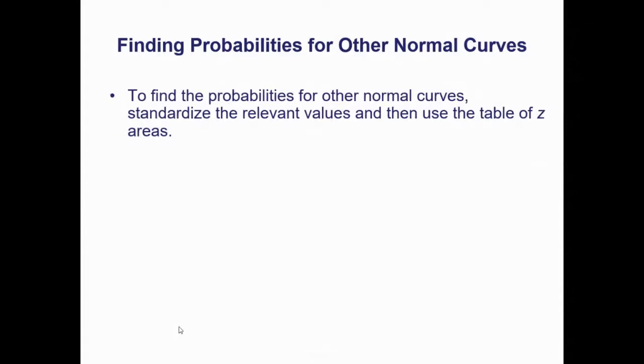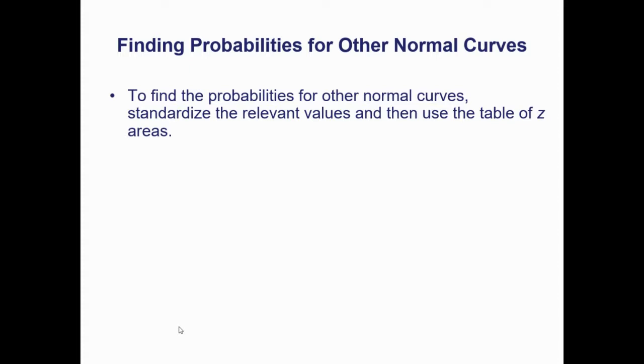Okay, now we have been dealing with the standard normal curve. In real life applications, not everything follows the standard normal curve. Most things don't. So what we have to do is something called standardizing the variables.